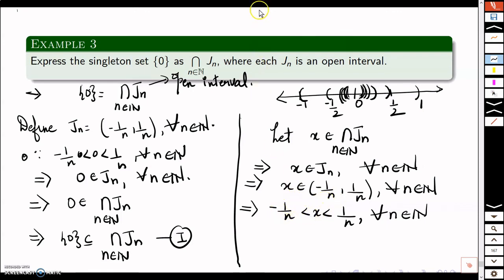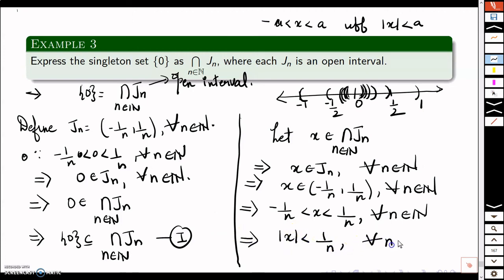And by one of the properties that we discussed under absolute values, that says -a < x < a if and only if |x| < a. So if you take a as 1/n and keep x as it is, then by this property |x| will be less than 1/n for all natural numbers n, right?